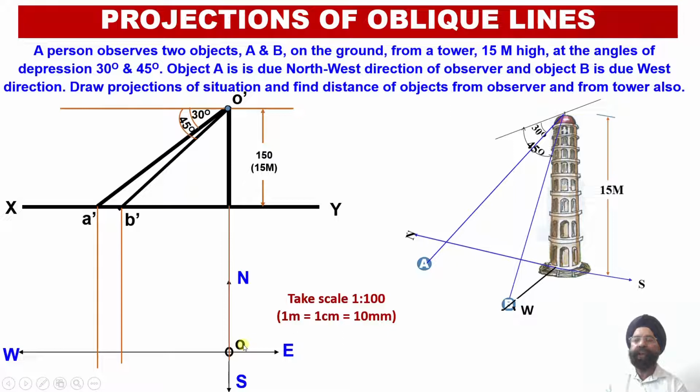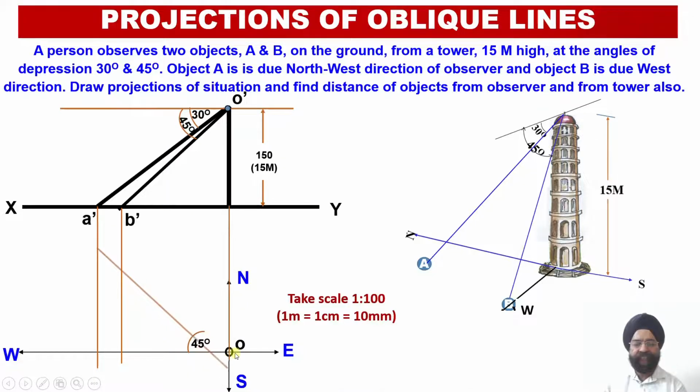Now we need to evaluate two projections in the plan, OB and OA. We know that point A, or object A, is located due northwest of the observer. So if the observer is located over here, this is north, this is west. Northwest means 45 degrees.